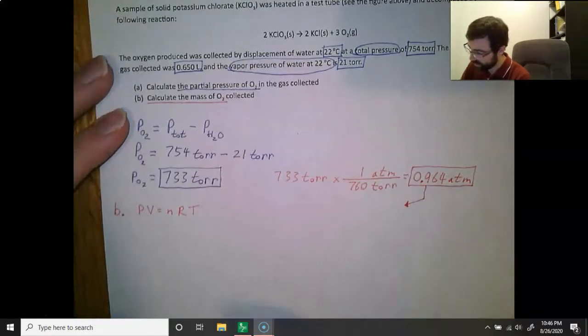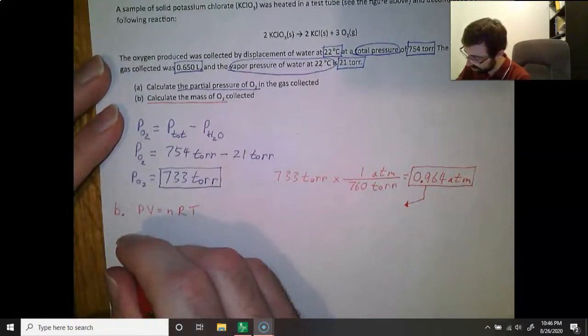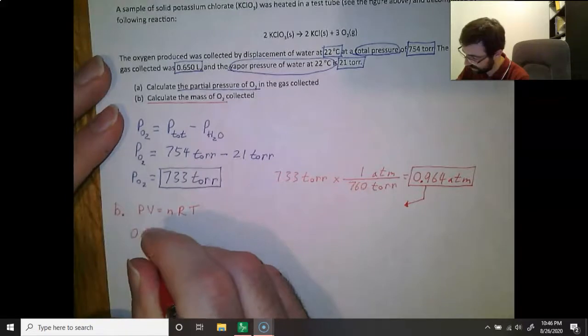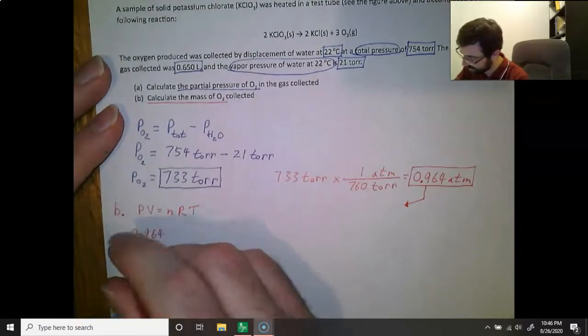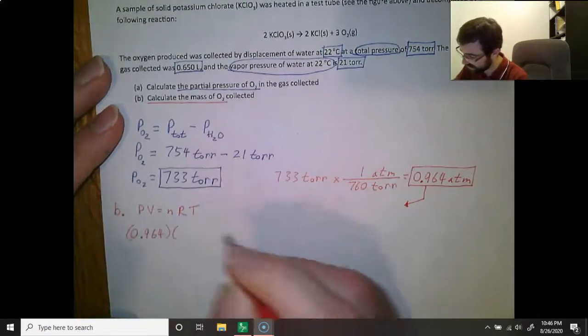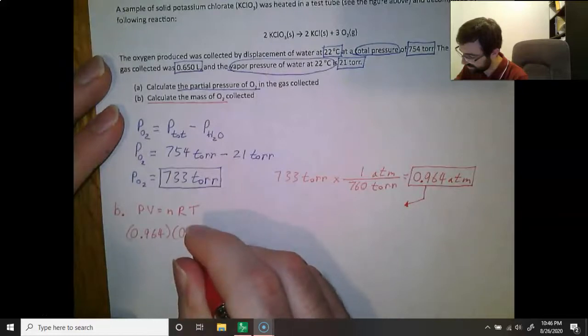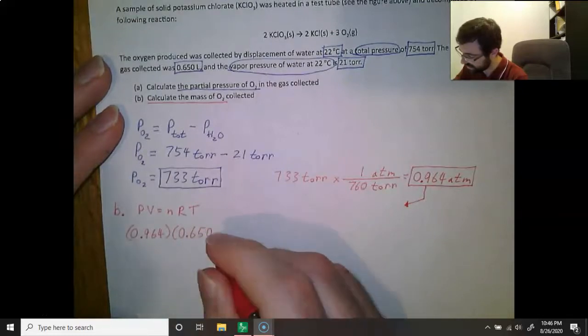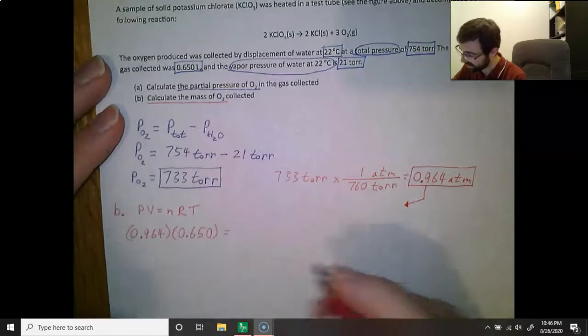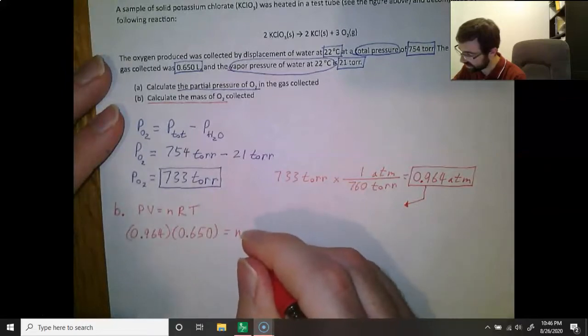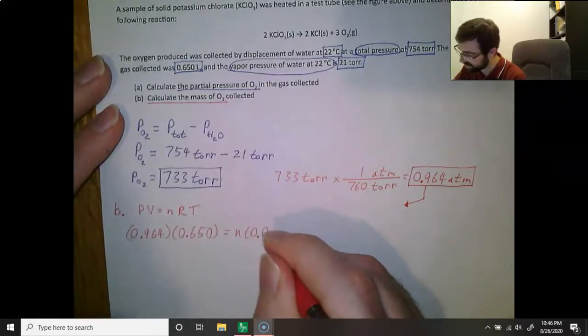So I did that so that I can plug it in down here. Our pressure, 0.964 atmospheres, times our volume, which is 0.650 liters, equals n, that's my unknown, times R, 0.082.